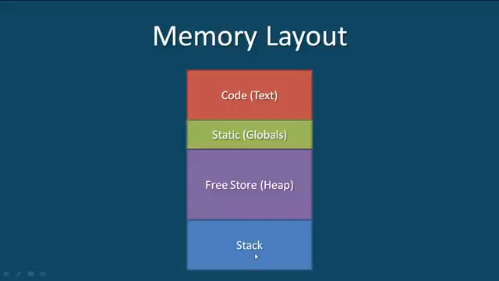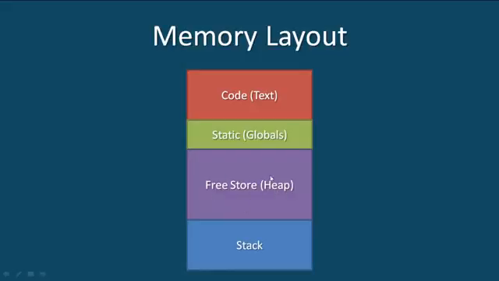So various functions are going to have their own variables defined within them and potential return values from those functions. All that's done here in the stack, and that's what we talked about mostly in that video on scope, lifetime, and the call stack. One thing that we have not talked about, which is going to be a focus in this video, is making use of the free store or the heap.